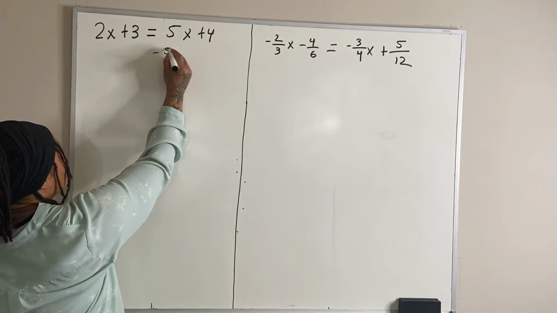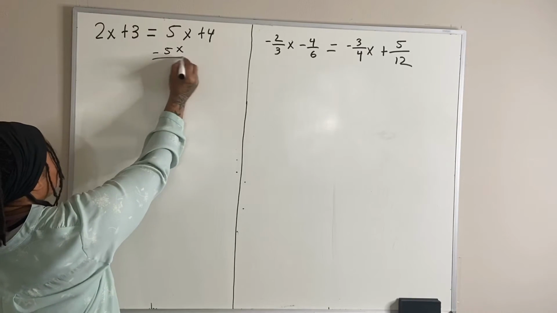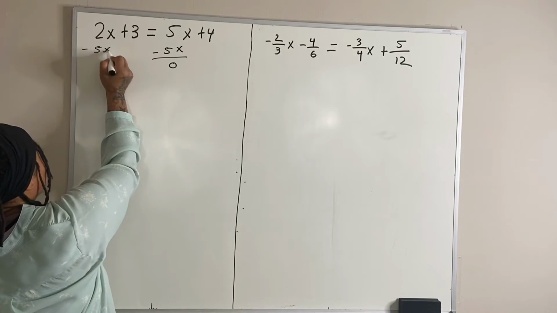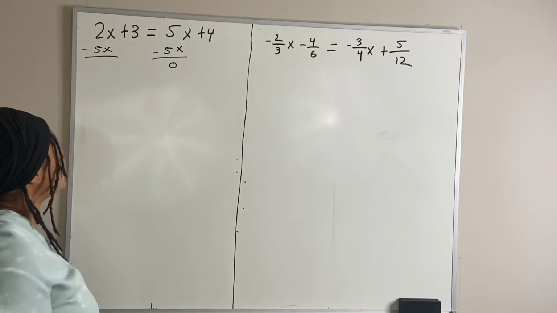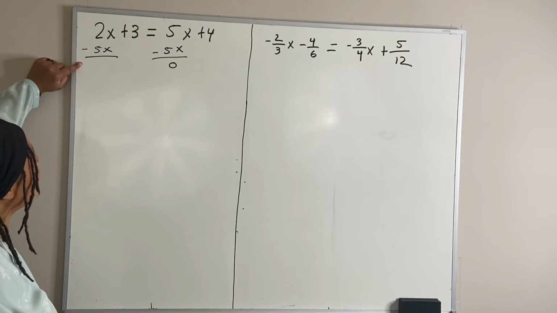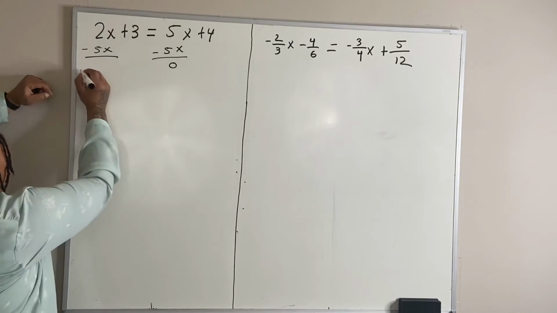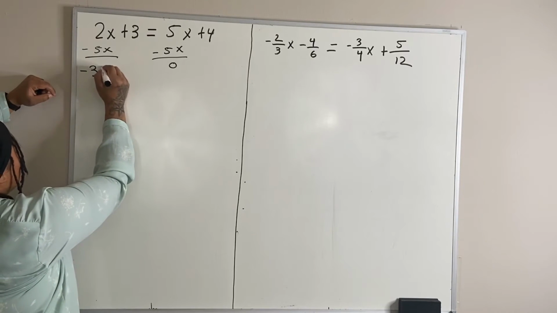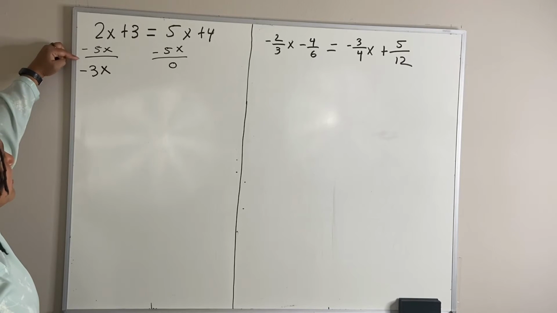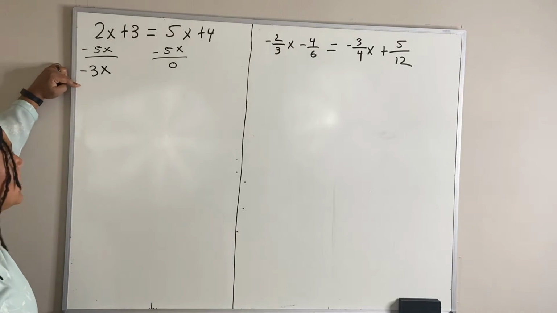If I subtract 5x from this side, I'm going to get a 0. And if I subtract 5x from this side, 2 minus 5 is a negative 3. Be careful here. So 2x minus the 5x is a negative 3x.